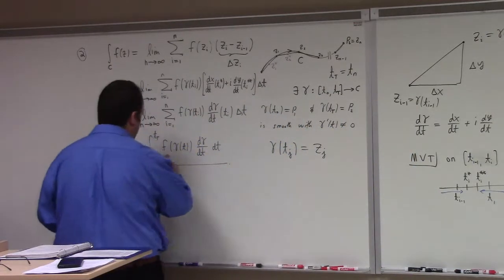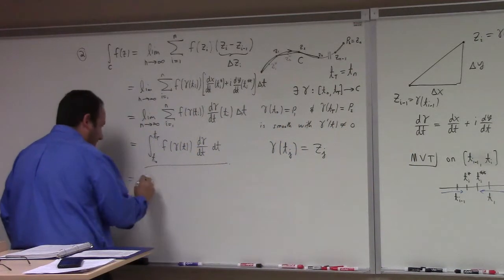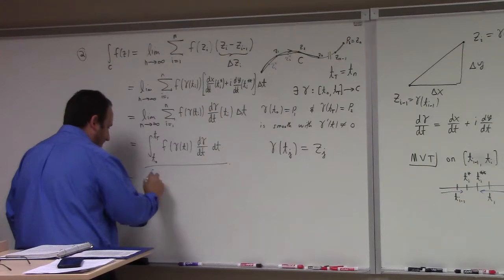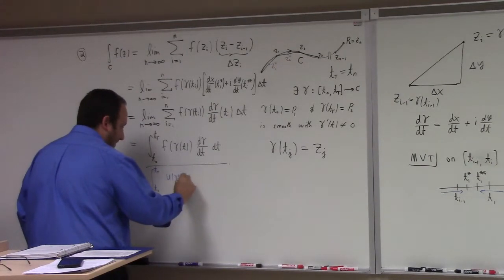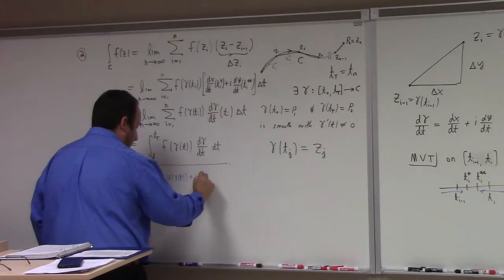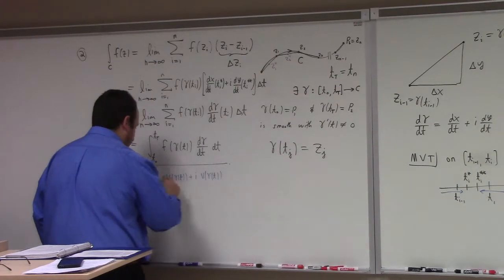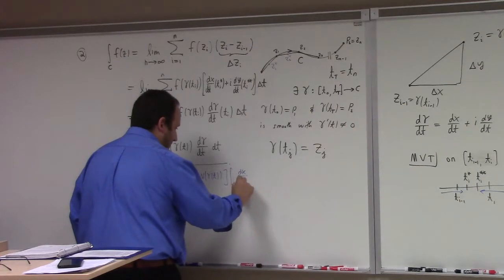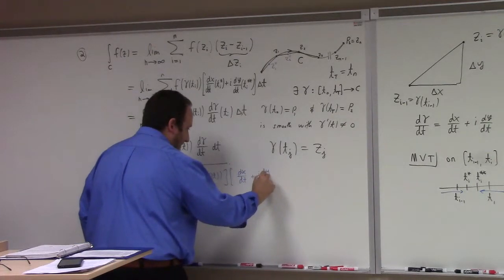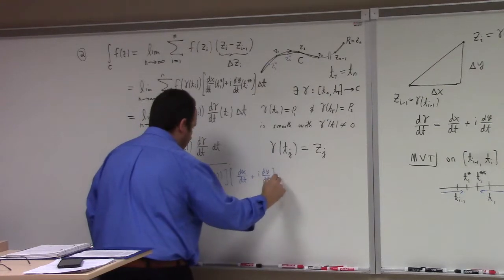So if we write this in terms of u and v, this is u of gamma of t plus i times v of gamma of t. And again, d gamma dt is dx dt plus i dy dt.